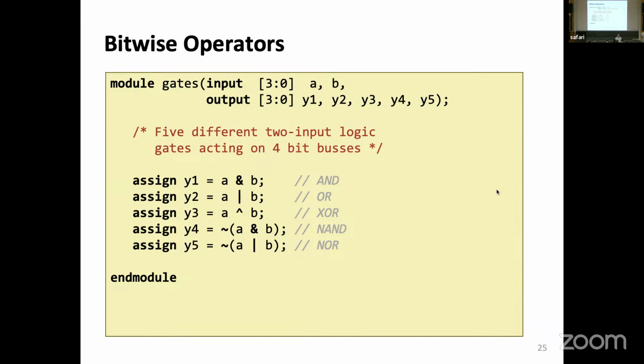Sorry. Yeah, I wanted to ask what happens if A and B are shorter than Y? I didn't quite get it. Are the other bits just being left undefined? In this assignment, yes. Okay. The question is, what happens later on with Y, right? I mean, it's not software. We are just defining how wires are connected.